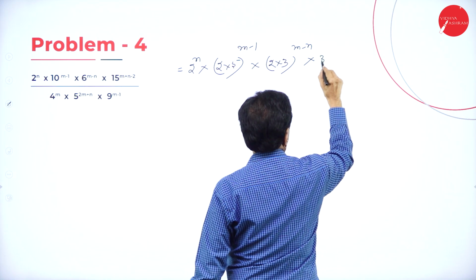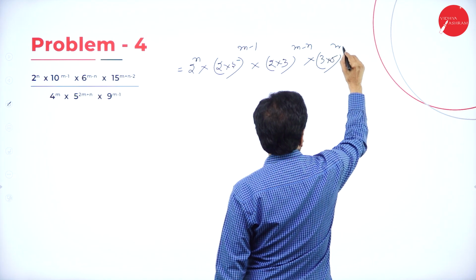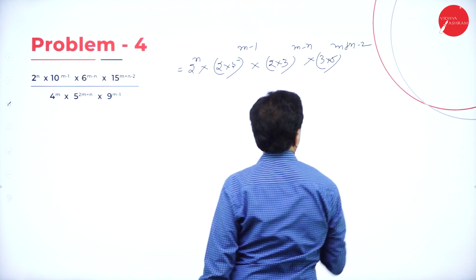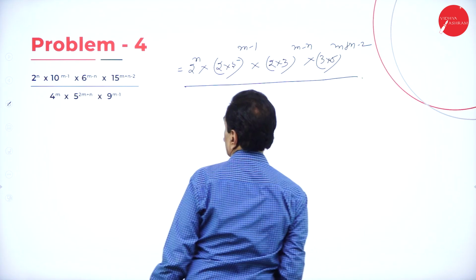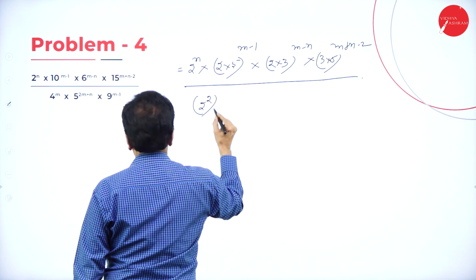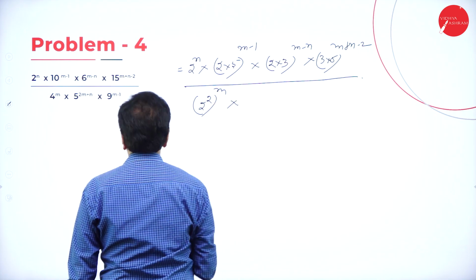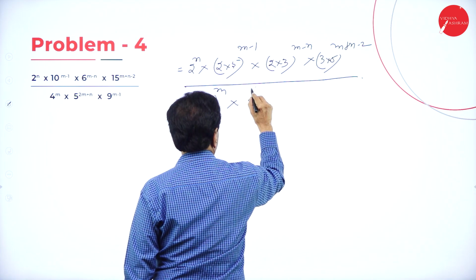3 into 5 to the power of m plus n minus 2 divided by 2 square to the power of m. Simplify. 5 to the power of 2m plus n.